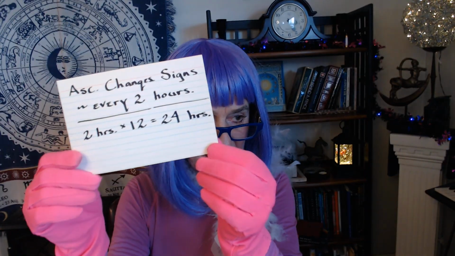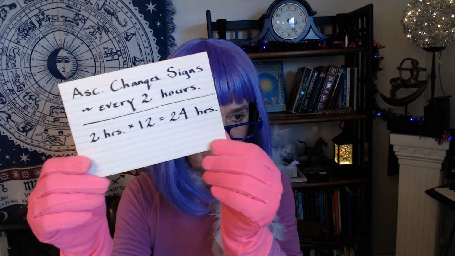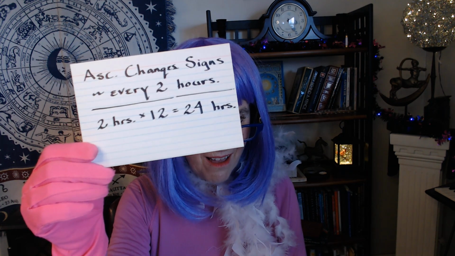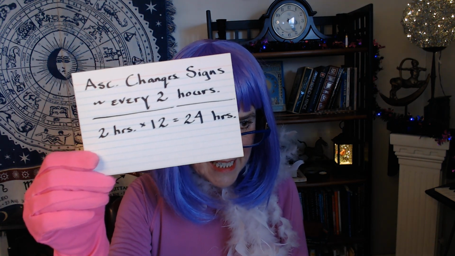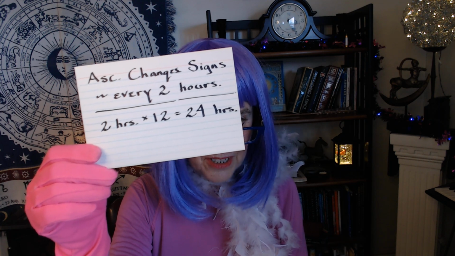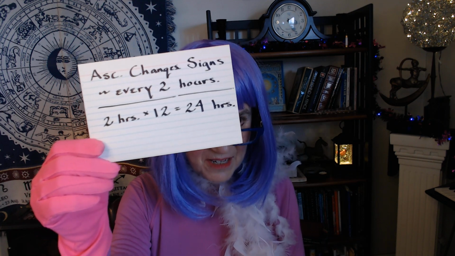Remember rising signs, and again, I want you to get familiar with this, like just being in the big clock. The ascendant changes signs every 2 hours. So think about that.